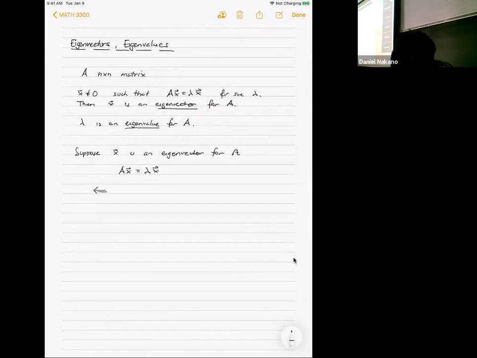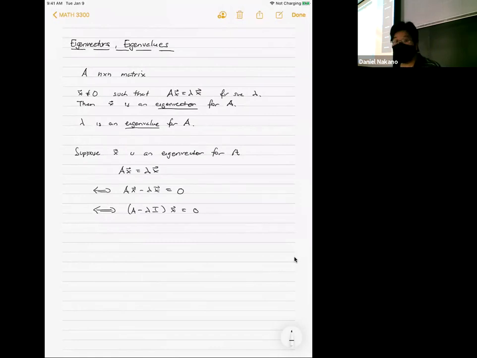This happens if and only if Ax minus lambda x equals 0, if and only if A minus lambda I times x is equal to 0.